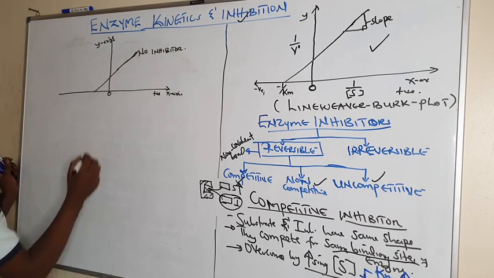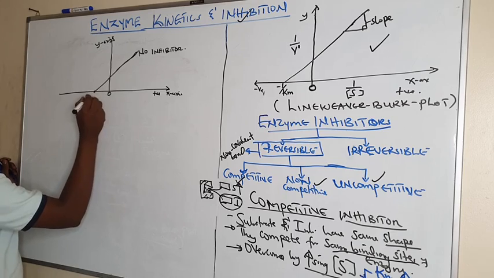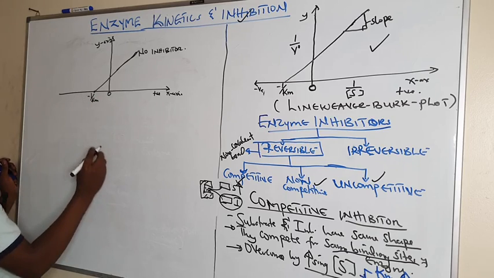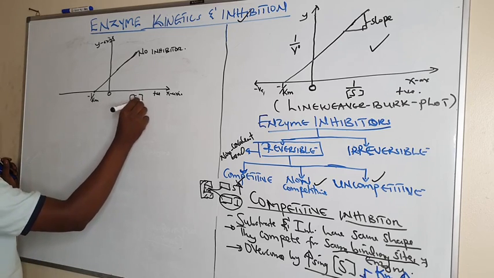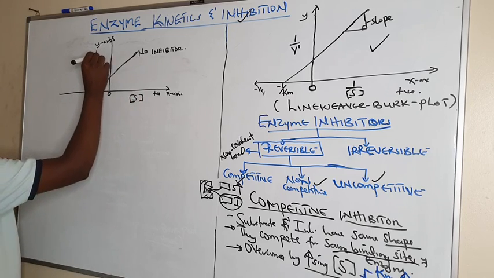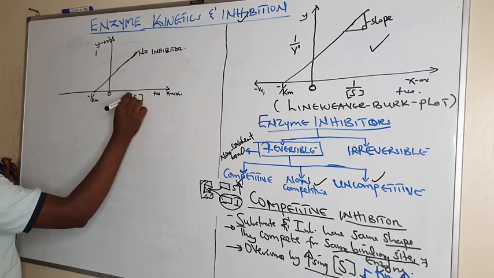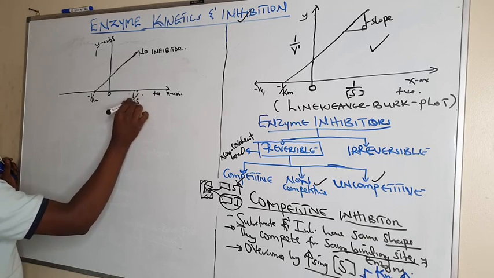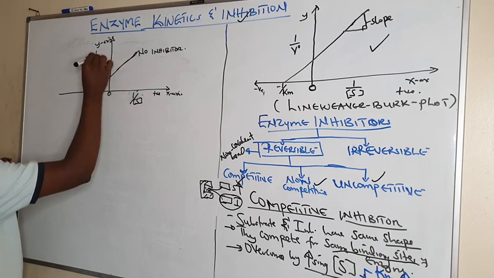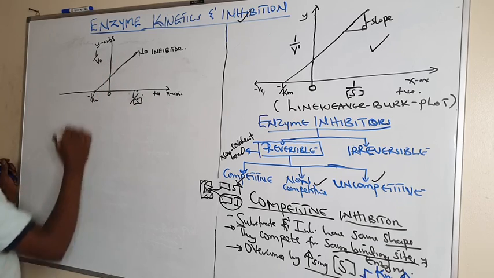Here we are getting our Km, negative 1 over Km. And remember, here we have substrate concentration. This is 1 over substrate concentration. Here it is 1 over V naught.